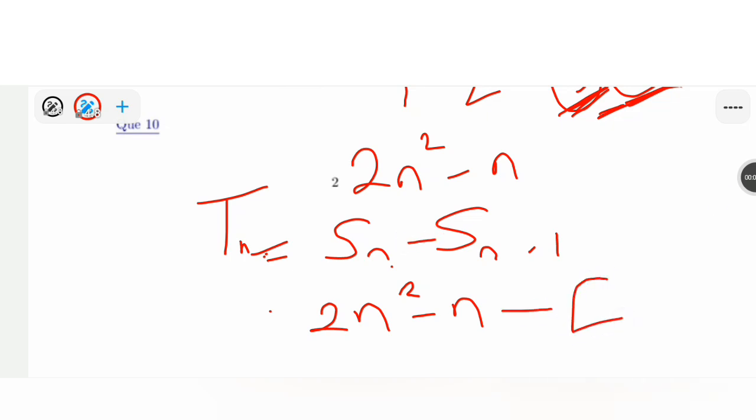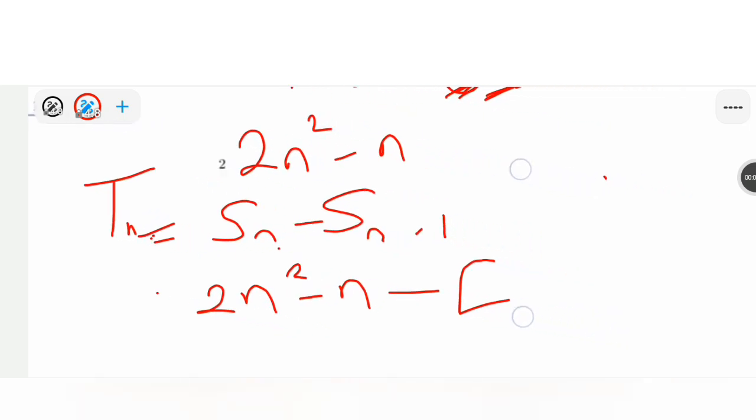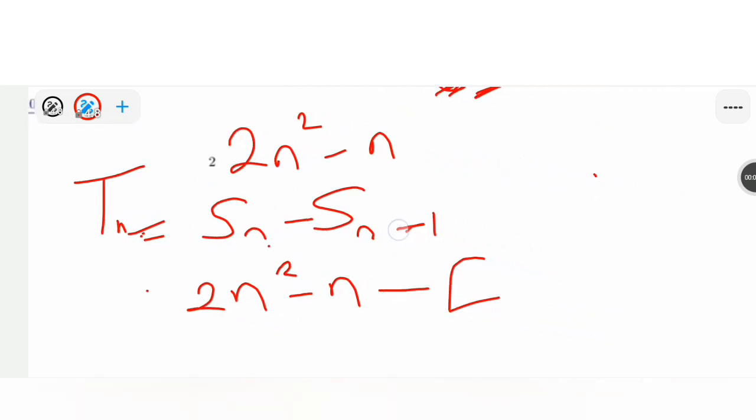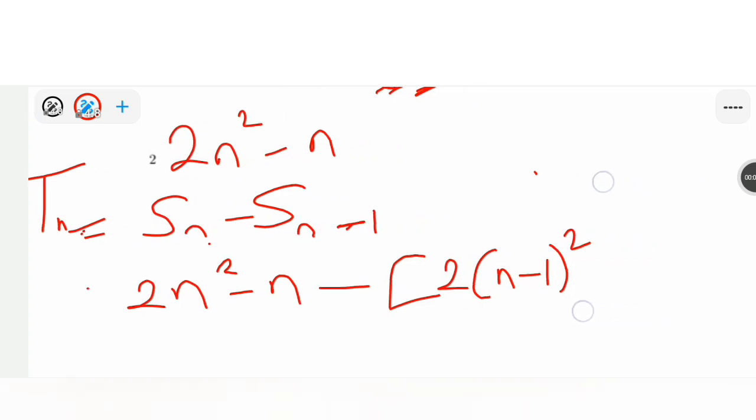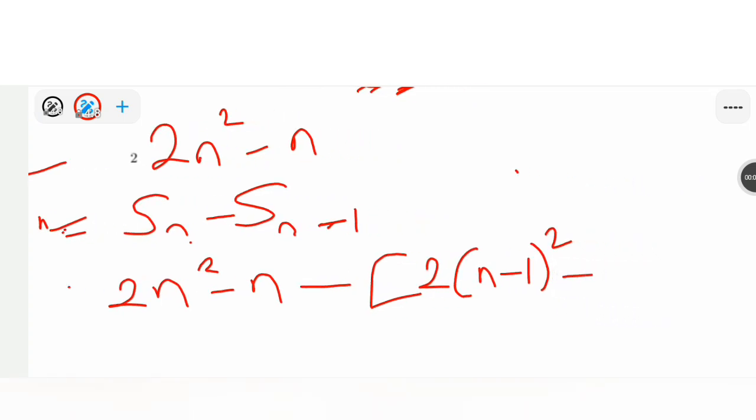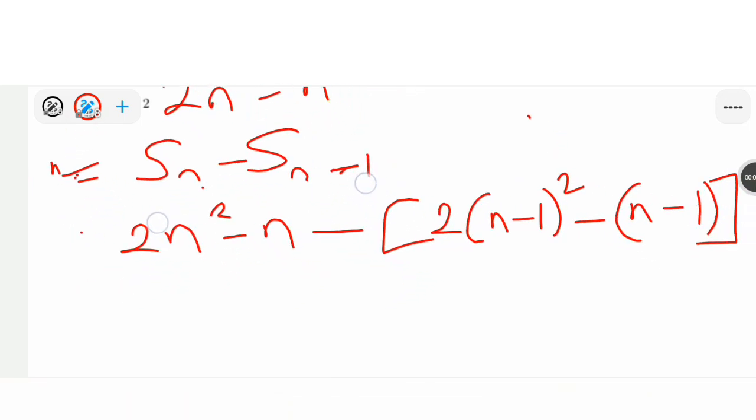I'll open a bracket. Then I have to put n minus 1 now. So anywhere I see n, I'm going to put n minus 1. So from here, I'll start with n minus 1. So I have 2 into n minus 1 squared, then minus n minus 1. Put this in brackets, call the minus outside. So you just need to break this and simplify it.